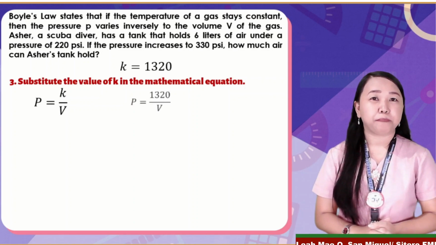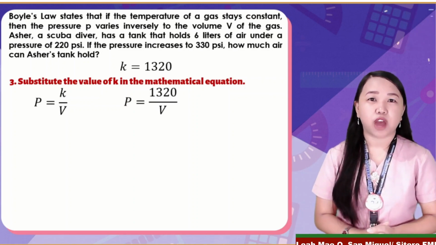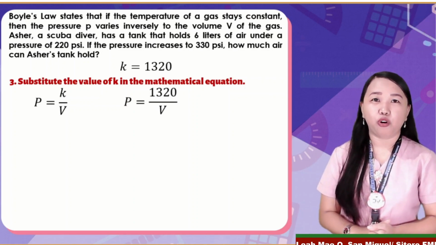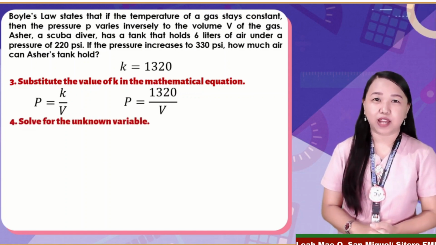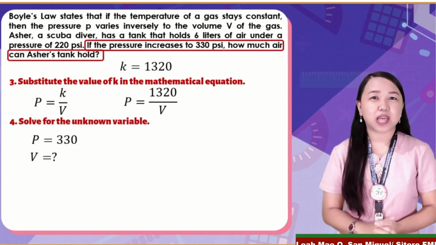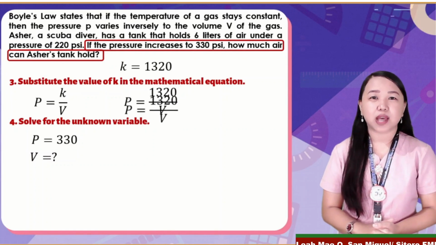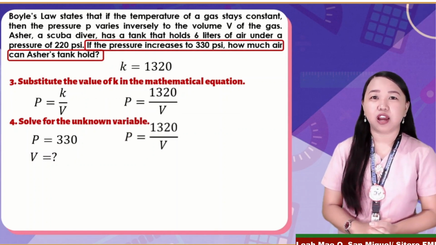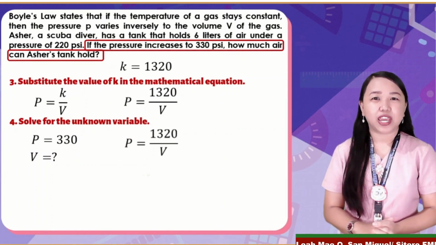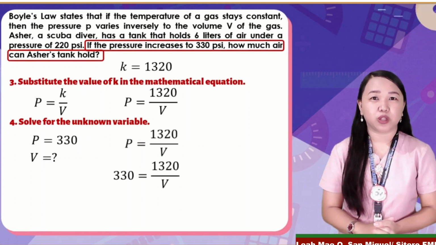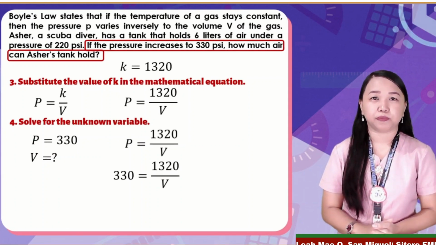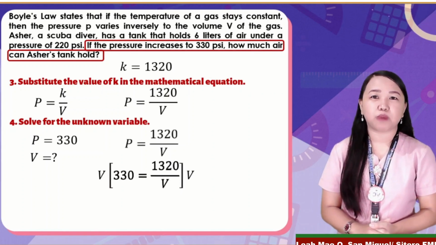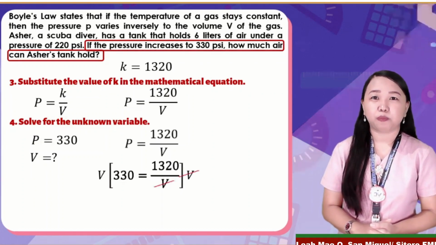Then, P is equal to 1,320 over V. Afterwards, solve for the unknown variable. By substitution, substitute P is equal to 330. 330 is equal to 1,320 over V. Multiply both sides by V. Simplify.